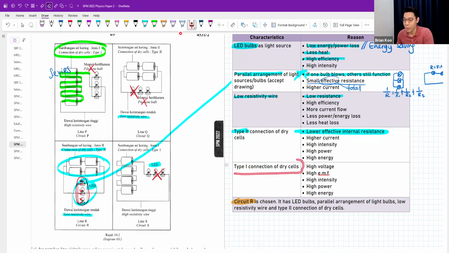Type 1 connection, the other one, is good because you can get high voltage or high e.m.f. If you put batteries in series like this, with 4 batteries, let's say every battery is 1 volt, 1 volt, 1 volt, 1 volt, the total e.m.f. will be very high.